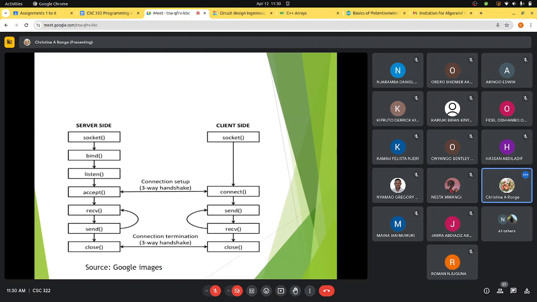I need to go somewhere. You're trying to be graceful so that you don't just leave them hanging. You don't just close the connection and you're gone and they're wondering what happened. So usually there's a graceful way to finish communication so that you both agree that we have finished saying all the things we needed to say.